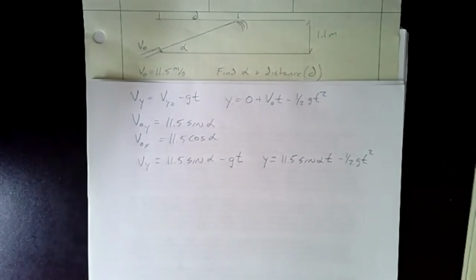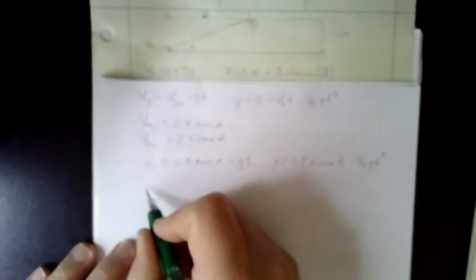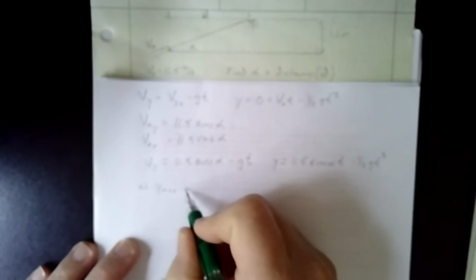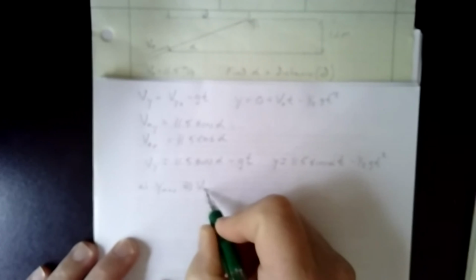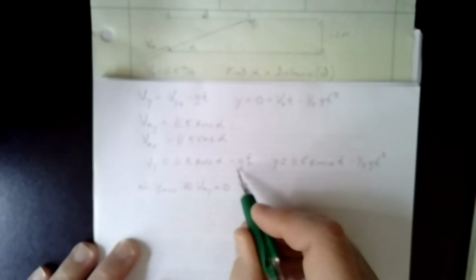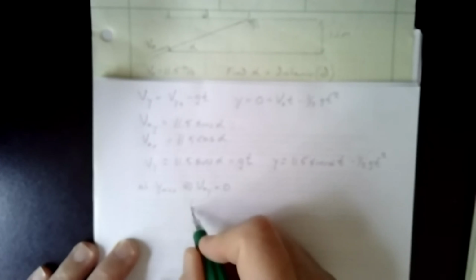Now we know that, like the other problem, at y max the velocity in the y is 0. So if we go back up to this equation, just like we did in the previous problem, we can solve for t, can't we? We can get t, and this point is labeled point B.